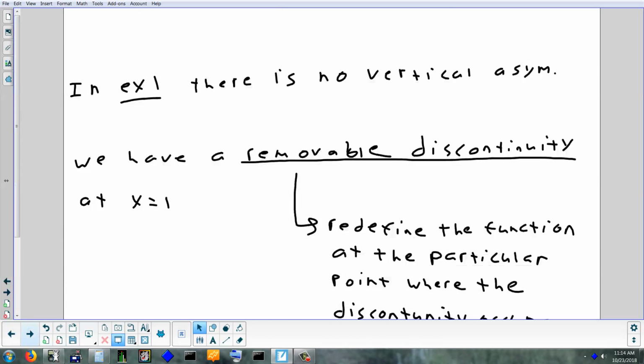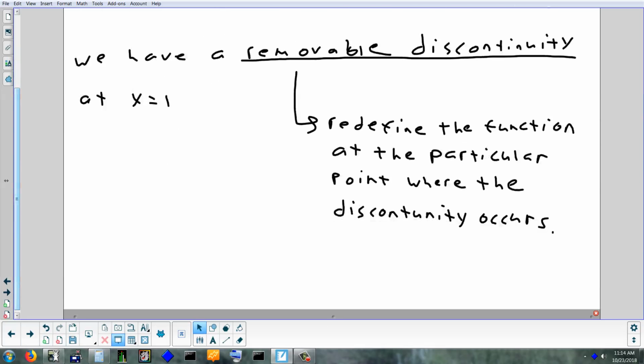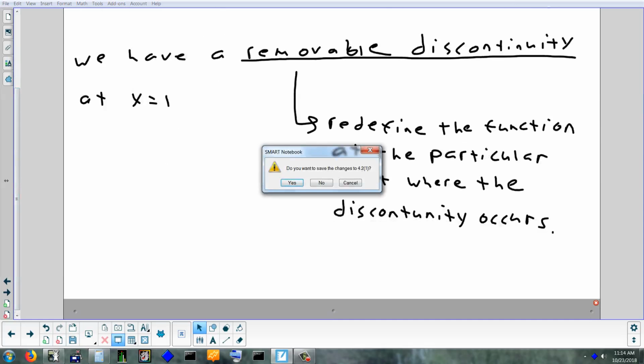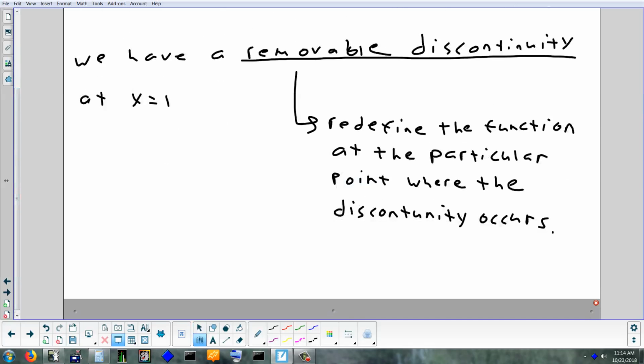So all you have to do is say, I want you to use the formula we just had on the other page for every single number except 1. And if you happen to try to use 1, I just want you to put the y value as 1. So let's take the formula we just had.